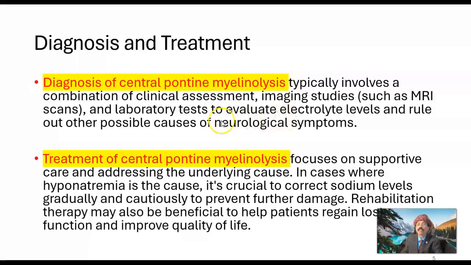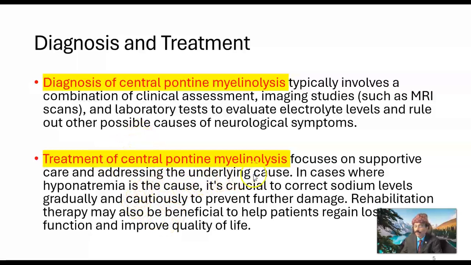So electrolyte evaluation is very important. MRI should be done to find out if there are any demyelinating changes in the brain or particularly the pons.